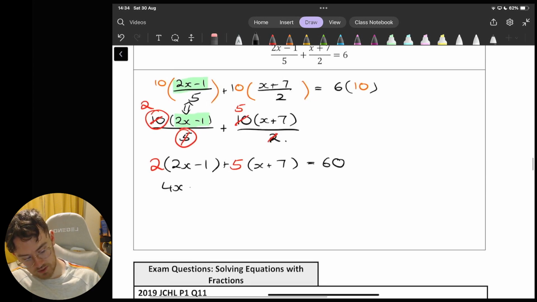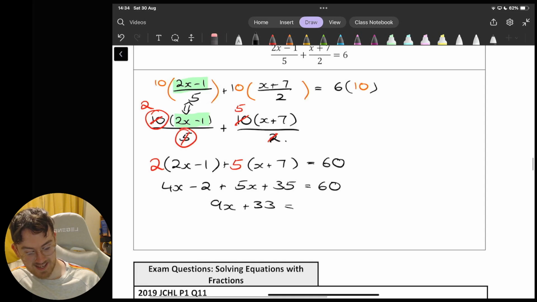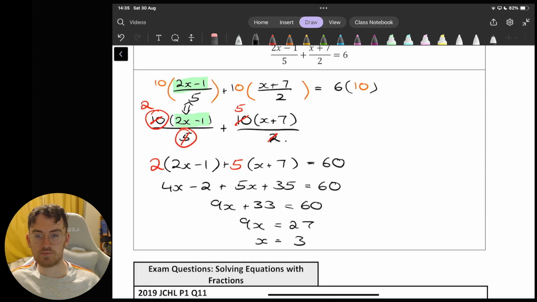Now we're at a point where we can multiply out our brackets here. And we should recognize from the previous video that this is actually just the identical equation. We've essentially just arrived at the equation earlier than we did in the previous video.